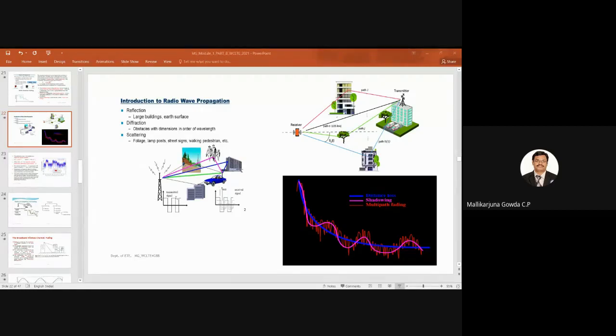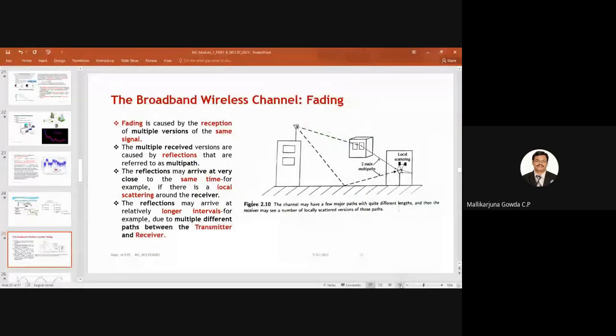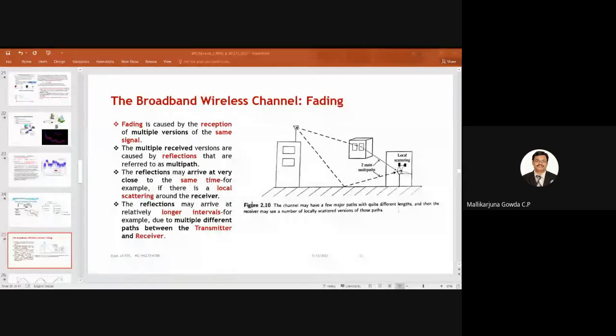Why do we get multiple copies of the same signal at the receiver? That is due to what? Can any one of you say? People are not responding. I've shown the diagram.